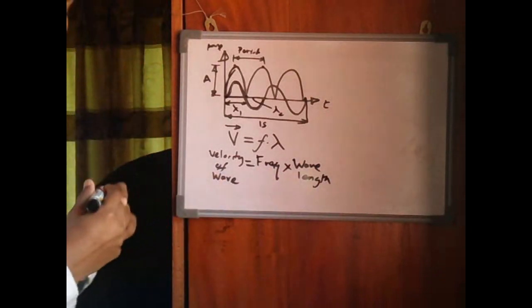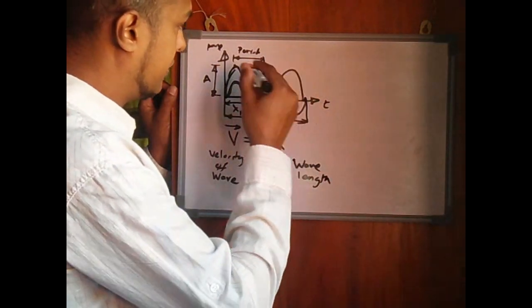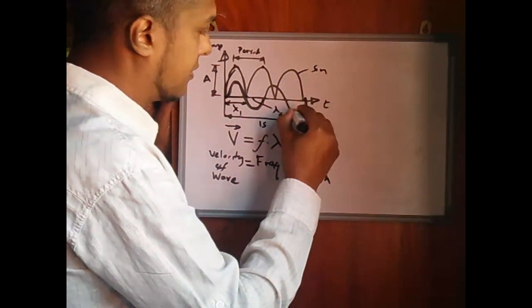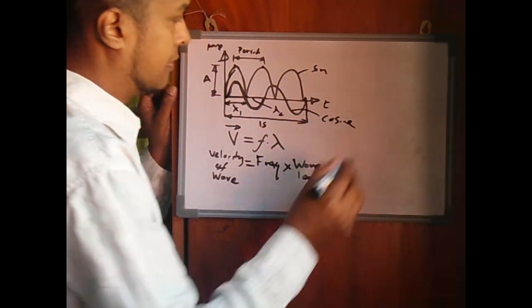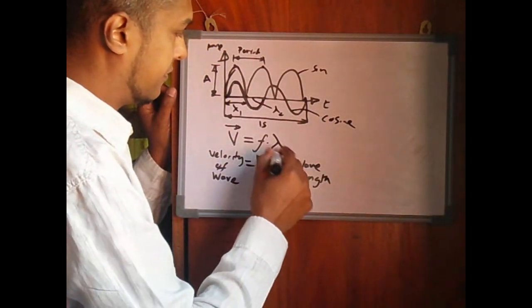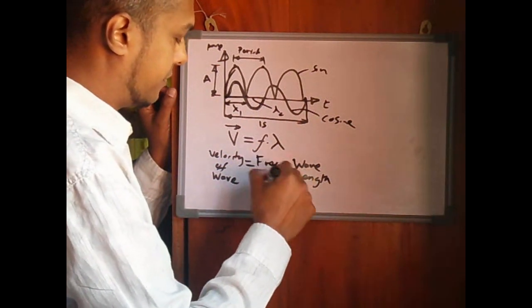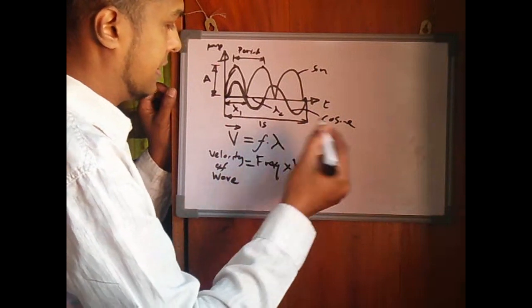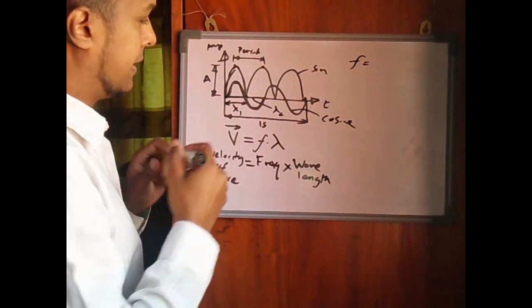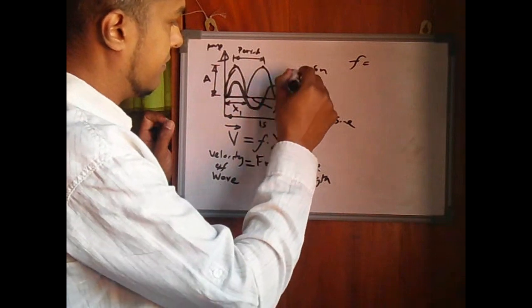If you do a simple calculation on this, for the top wave, the first wave, that's the sine wave, and this is the cosine wave. For the sine wave, if you want to find the frequency, it would be how many peaks, how many wavelengths have traveled.